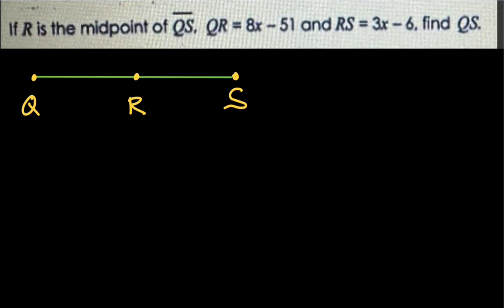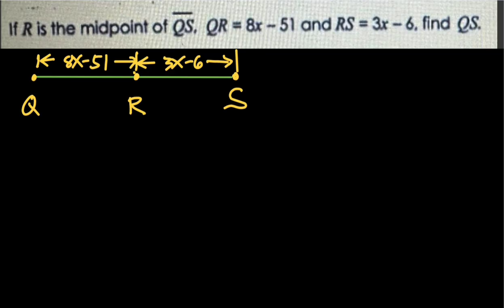QR, the distance from Q to R, is 8x minus 51. And the distance from R to S is 3x minus 6. Then we find the distance of QS.